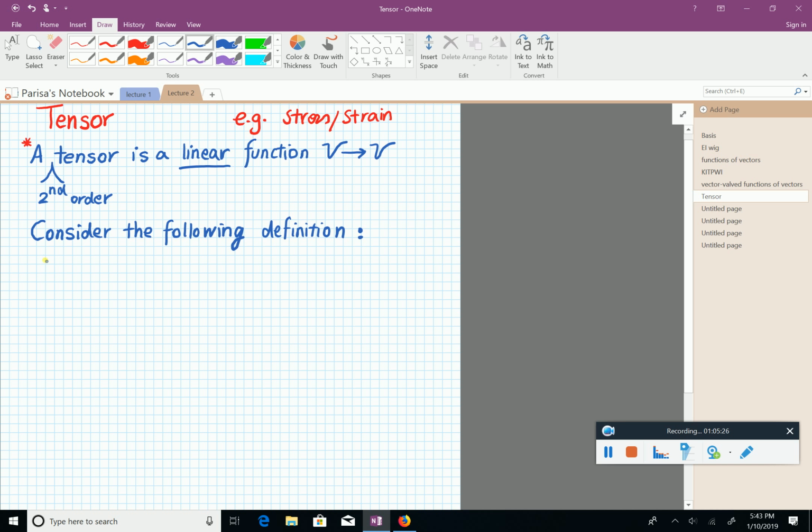So if we pick two vectors, A and B, we use this notation to write what is called a tensor product or an outer product.